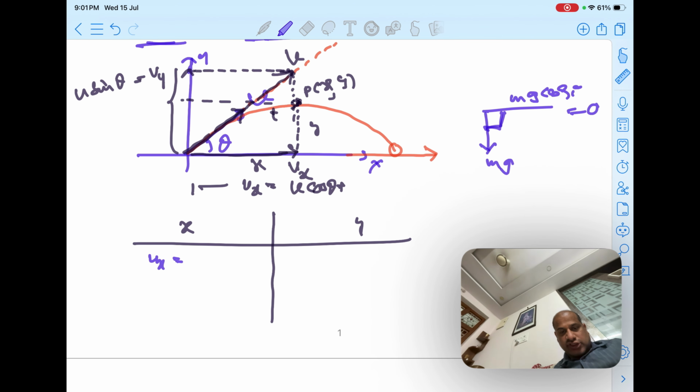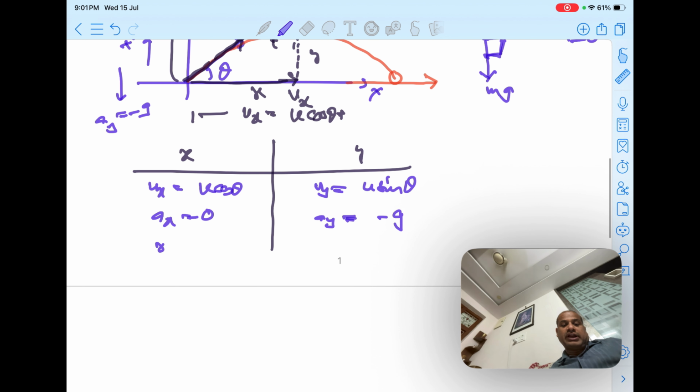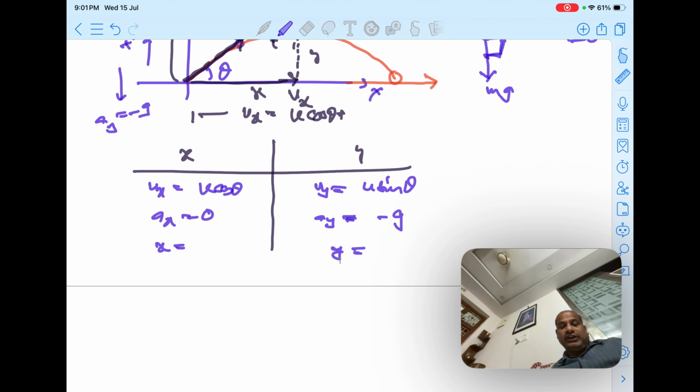Therefore the x direction velocity is u cos theta and the initial velocity in the y direction is u sin theta. In the x direction acceleration is 0, and in the y direction, if I take vertically upward as positive and downward as negative, the acceleration will be minus g. Now after some time it will travel some x distance and some y distance.